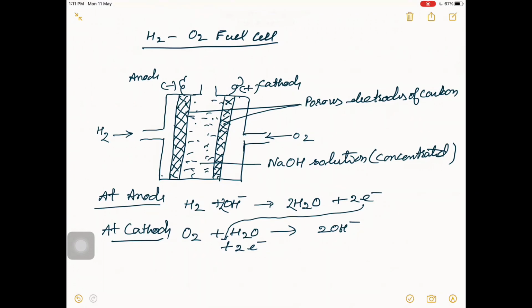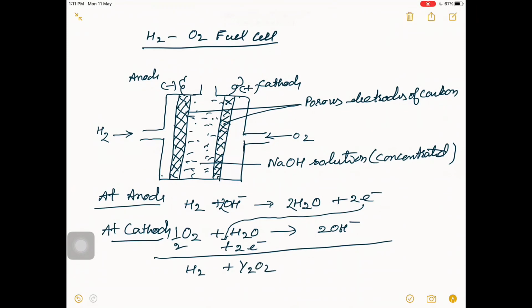These electrons will reach the cathode by the external circuit. So there will be reduction of oxygen. If we balance, there will be half O2.